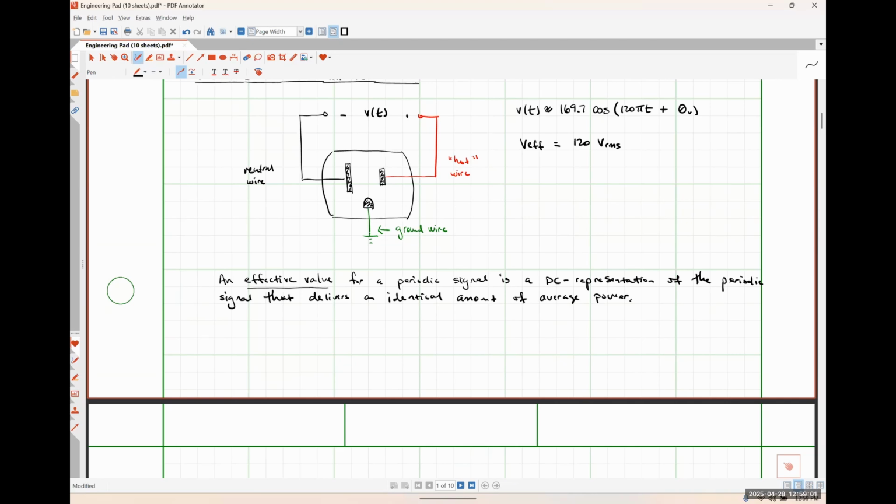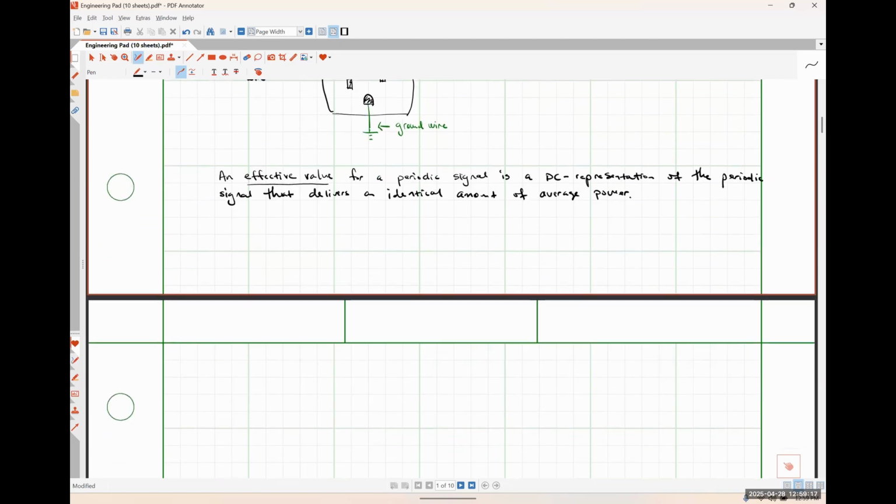That's where the equivalency comes in for these effective values. So we can use that relationship to derive a mathematical expression for effective values for any type of periodic signal that we might be interested in.